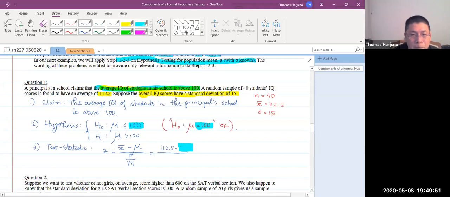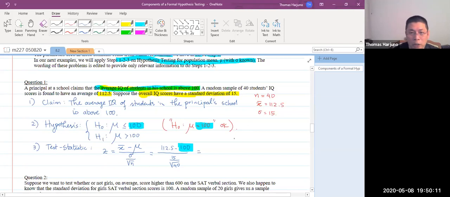Over 15 divided by square root of 40. Then you can use your calculator to compute this. But when you use your calculator, be very careful. Make sure you use parentheses.